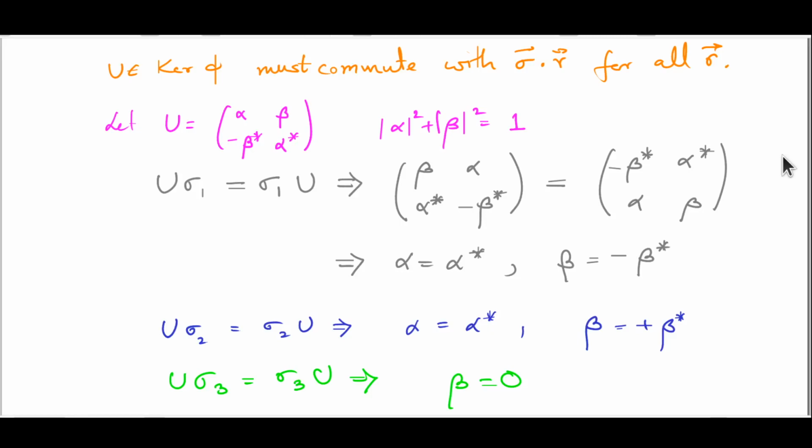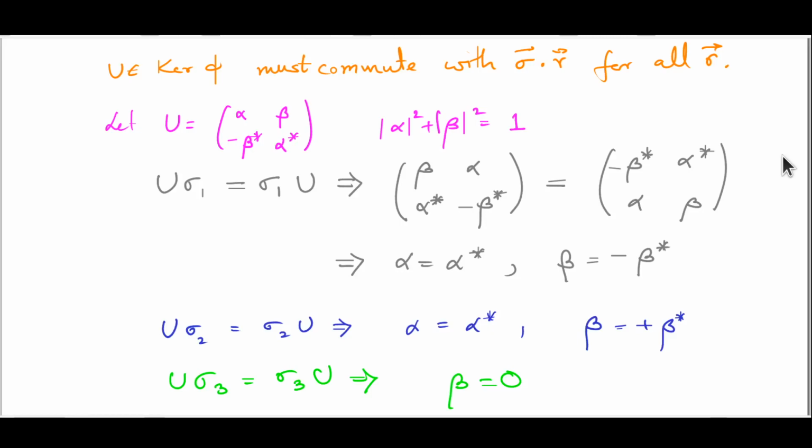By the way, if you tried using u sigma 3 equal to sigma 3 u, you will again get beta equal to 0. So all these three commutation relations will work together, that is, u will commute with sigma 1, sigma 2 and sigma 3 if alpha is a real number and beta is 0.